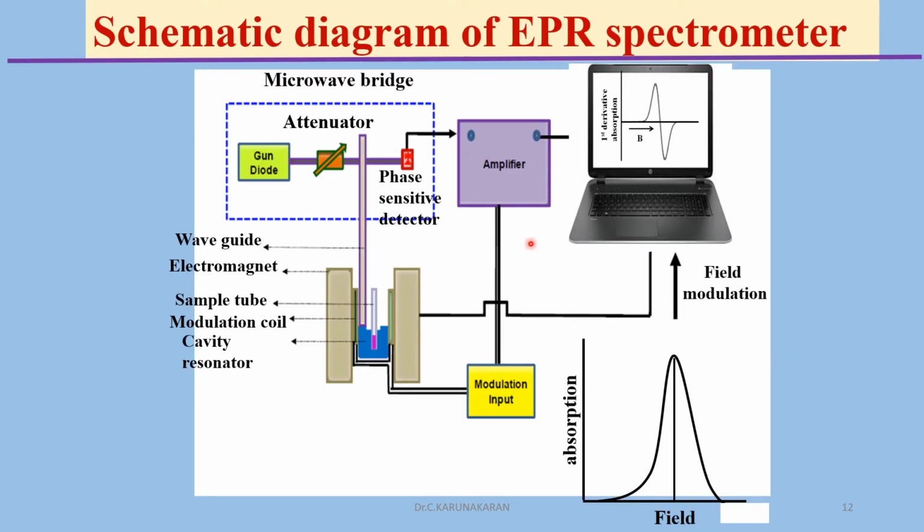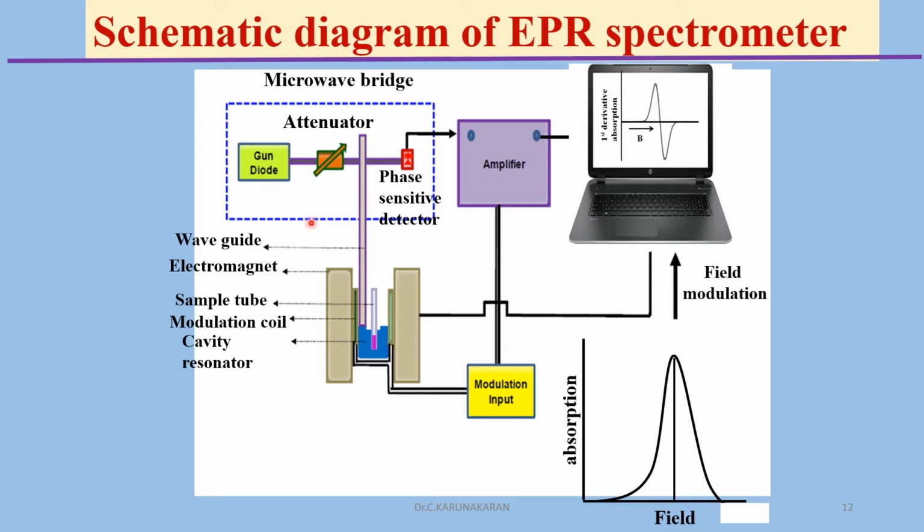Here I have shown the schematic diagram of the EPR spectrometer. It consists of an electromagnet similar to NMR, sample holder, and amplifier and detector. In this case, we use a microwave bridge, which is used to generate monochromatic microwave.